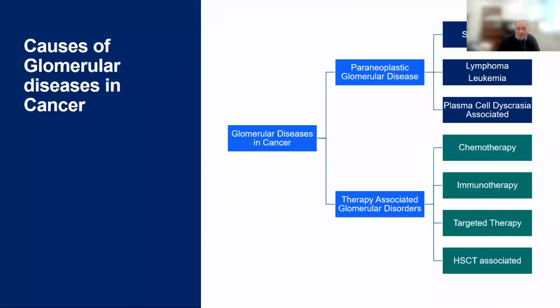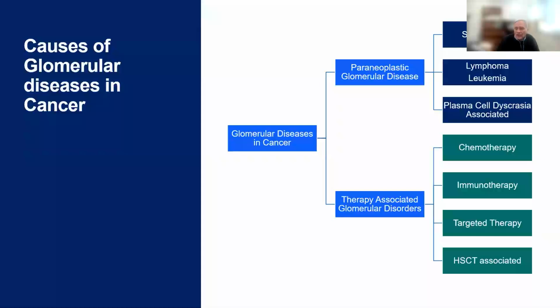Now, what we see at our institution is that every single patient that comes to MSK already comes with a cancer diagnosis, so that is a little bit different to a conventional nephrology practice in which the initial presentation may be the renal disease, and then from there you go backwards to try to figure out what's going on. What we see at our institution is more the opposite.